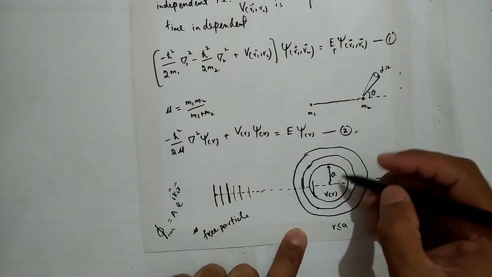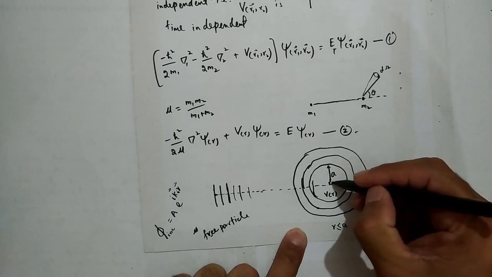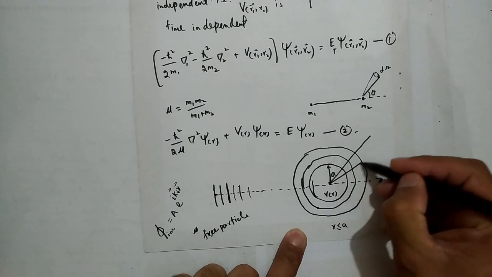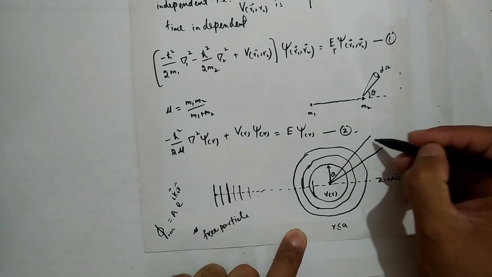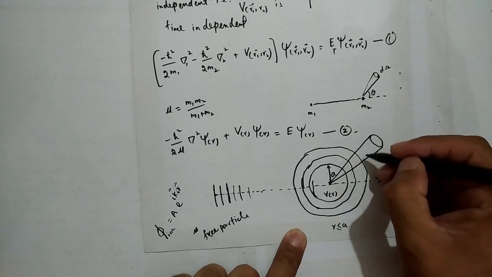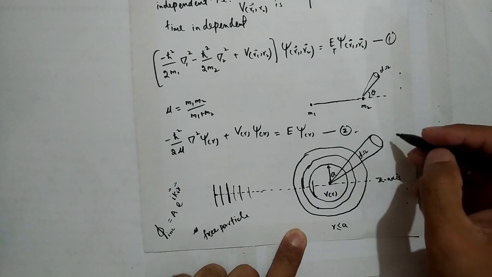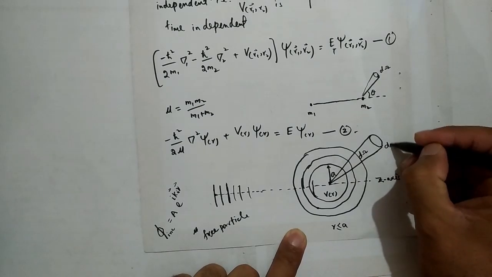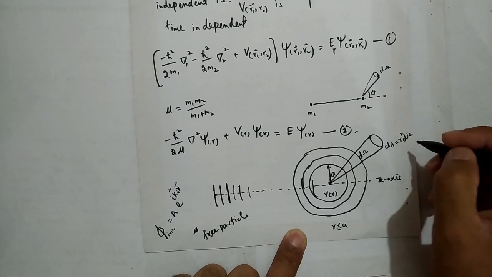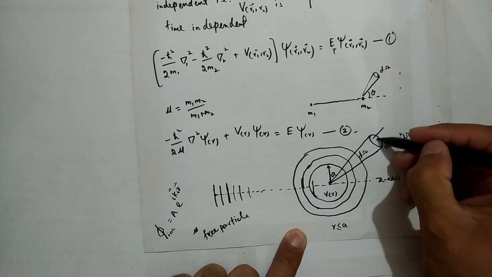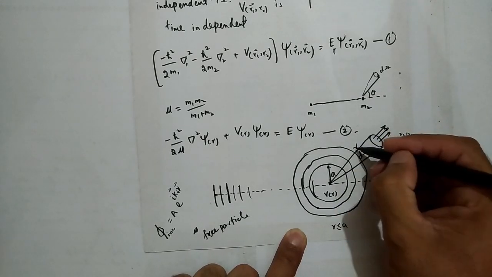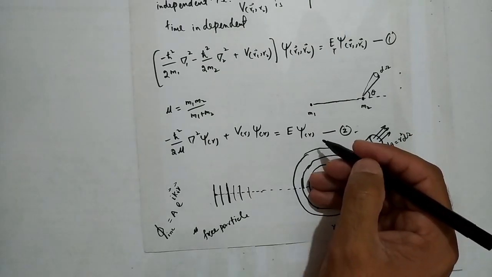Clear? So here we are calculating the scattered wave in this region through this solid angle. Its surface area is dA, which is r square d omega, at a distance r.